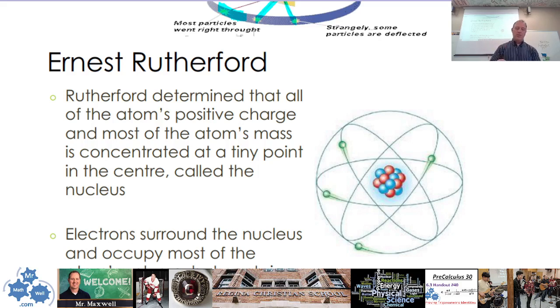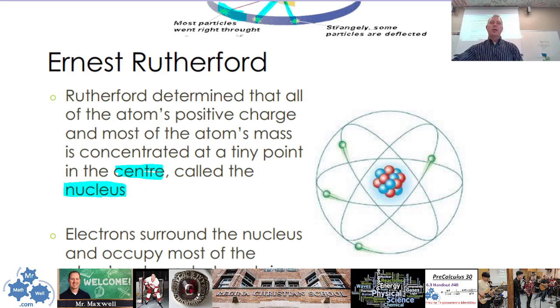And so Ernest Rutherford determined this. He determined that all of the atom's positive charge and most of the atom's mass is concentrated at a tiny point in the center of the atom called the nucleus. So he theorized that there's got to be something called a nucleus in the center.